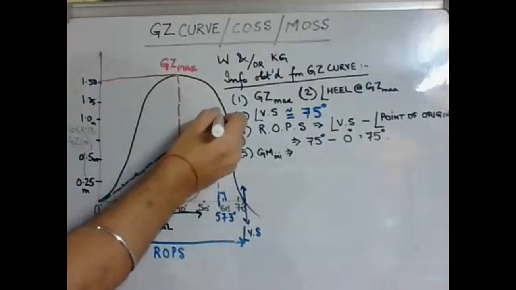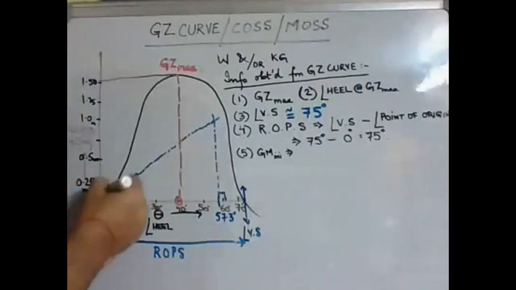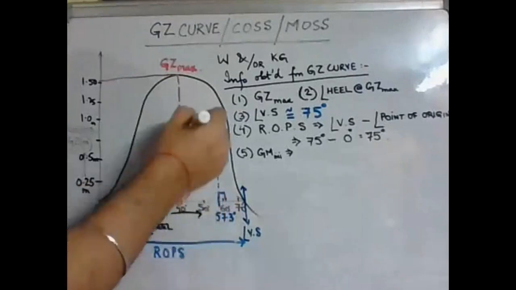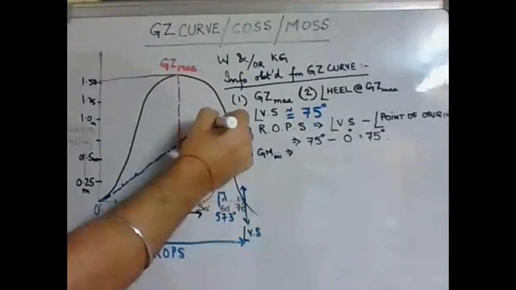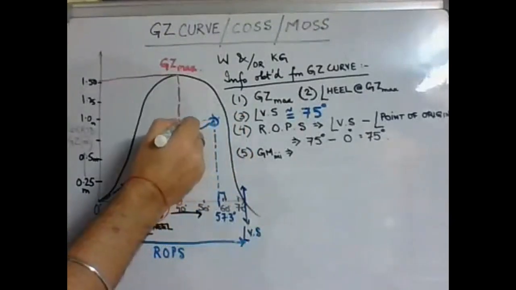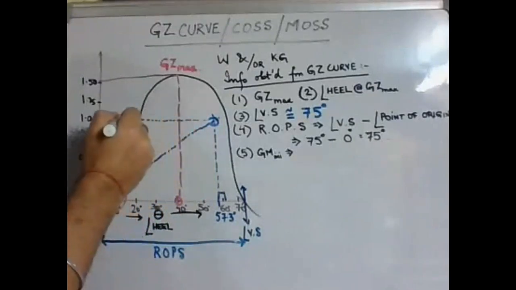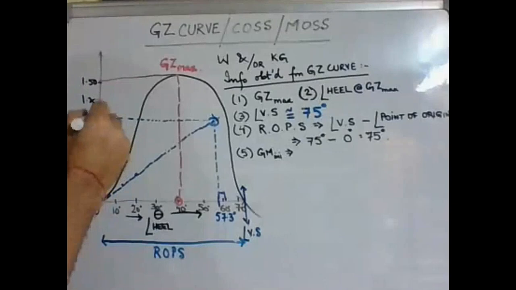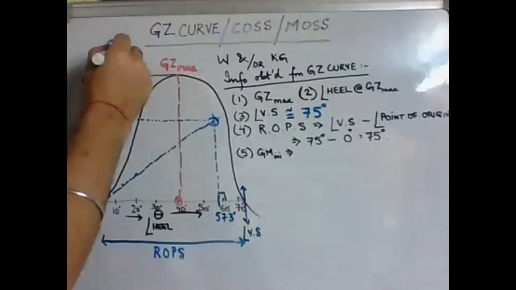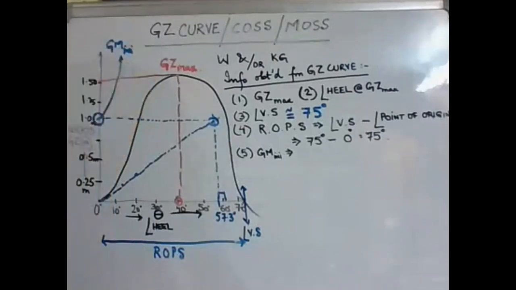This is a tangent. This curve has got a concavity up. The point where the tangent meets the perpendicular, I go left. The point where it meets the y-axis, that will give me the approximate value of initial GM.